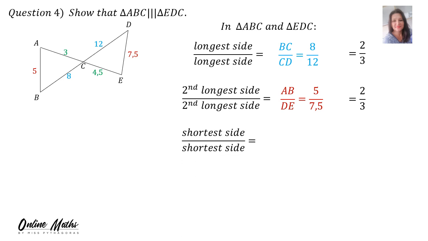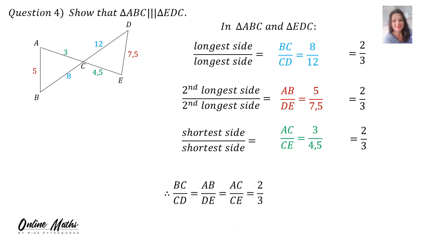And then the shortest side over the shortest side will be AC over CE, which is 3 over 4,5, and that simplifies to 2 over 3.